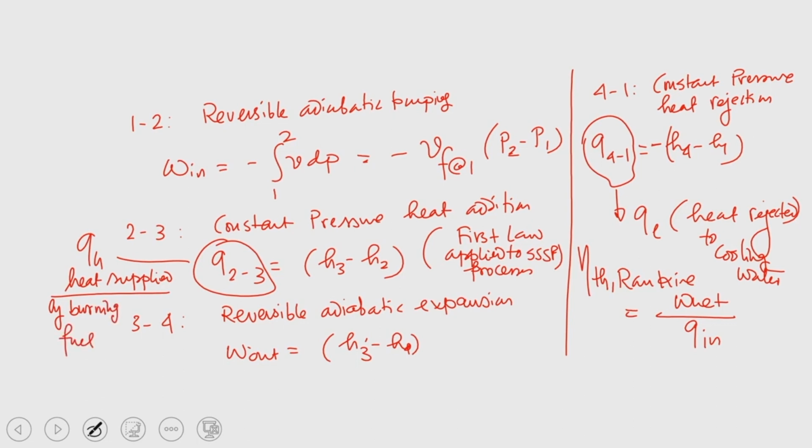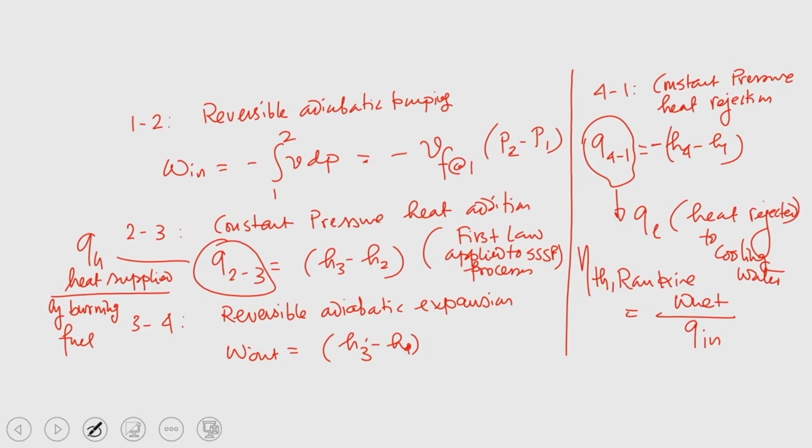This is the amount of heat which is supplied to the system by burning fuel, and this is the amount of heat rejected to the cooling water which is supplied in a closed circuit through the cooling tower. So, this is W net by Q in. So, eta thermal Rankine equals W net by Q in.